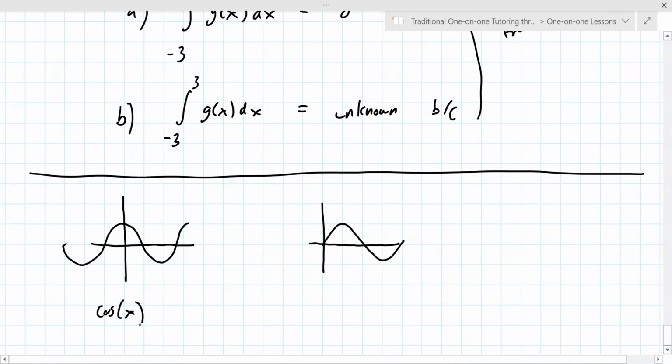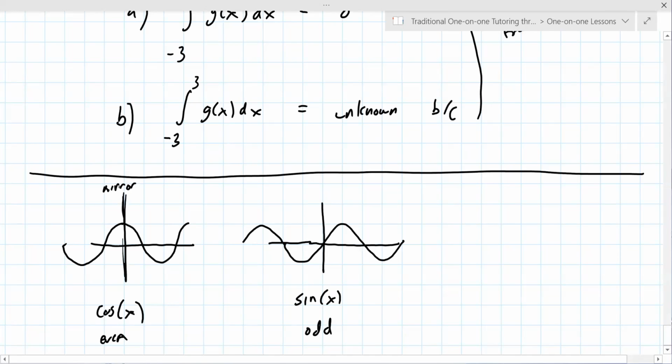Which looks the same on the left and the right of the y-axis? Cosine. Yes, so cosine is even. Sine is odd. Sine of x is odd. See how it's down here. We're going to talk about odds later. Do you see how it's mirrored? This is the mirror. It looks the same.